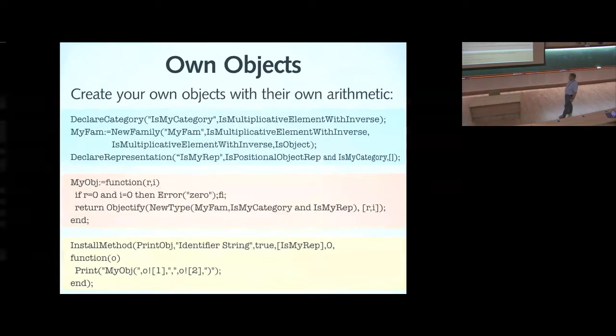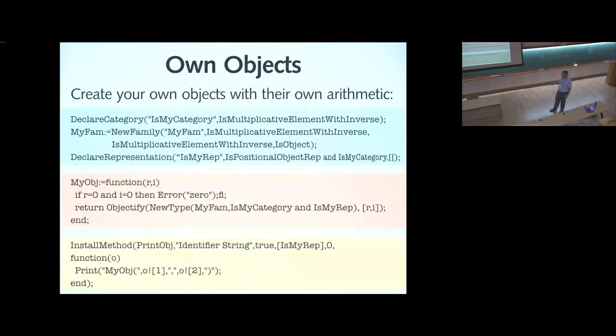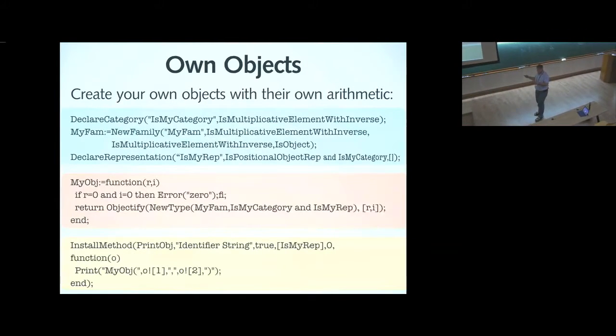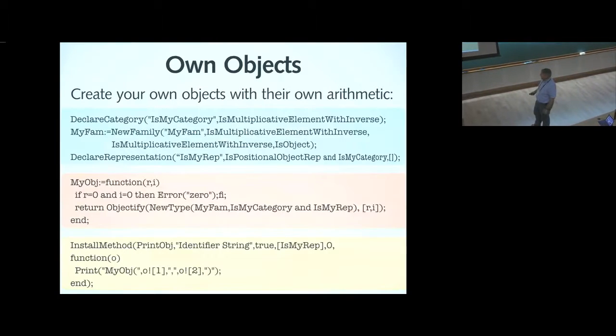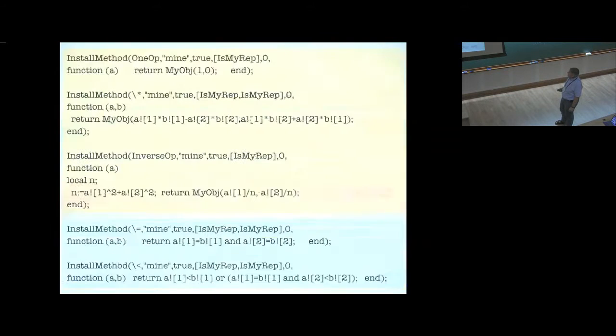You need to have a method for printing your objects, so GAP actually will know what to do when it has to output. And the way I create these objects is basically positional object rep, which is a list packed into a nice wrapper to look nicer, but it just has two parts, component 1 and 2 in my case. And that's how I'm creating these objects from a list, from two-part arguments.